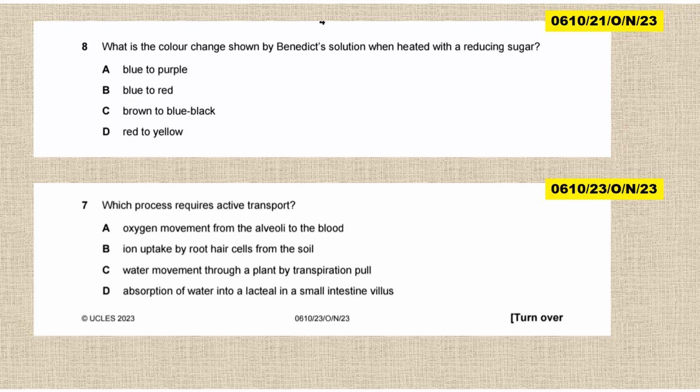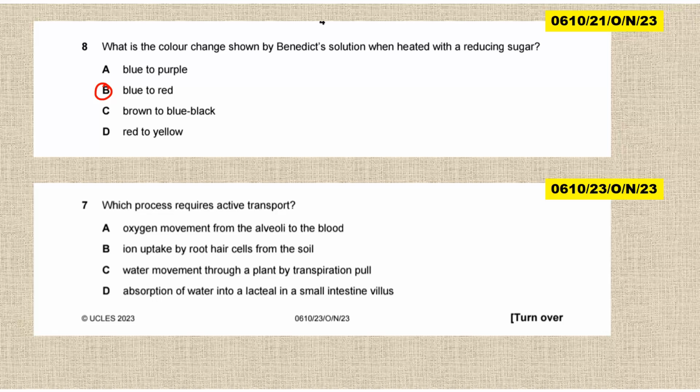We are going to look at the other topic, that is macromolecules, or biological molecules. We should be able to look at this under food tests. But to answer the question, it changes from blue to red. Benedict's solution is blue in color. Then when you heat it in the presence of sugar, it can turn yellow, brick red, or red. So the answer is B.